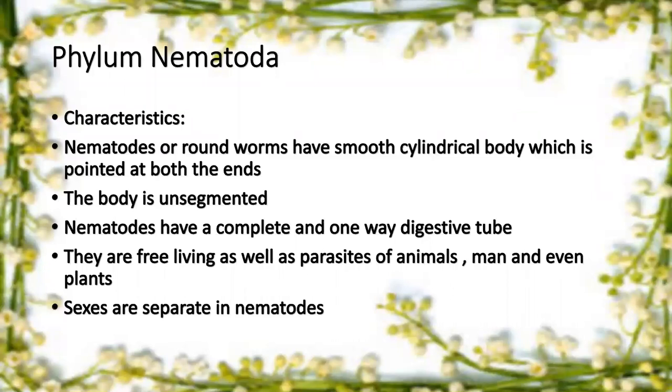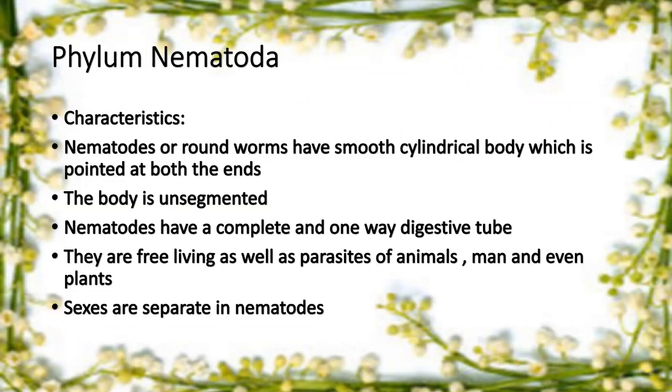Nematodes are roundworms. Their body has no segments, their body is cylindrical or rounded, but both the anterior end and posterior end are pointed or tapering. The body is unsegmented, that is, it is not divided into pieces or ribbon-like.